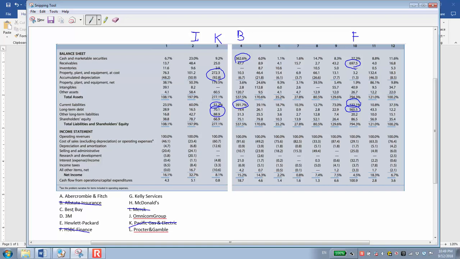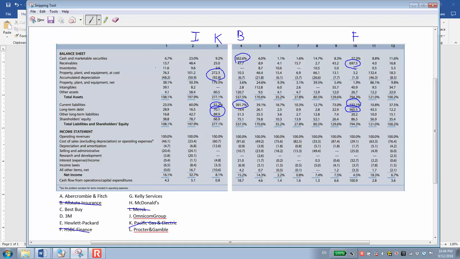Best Buy, no, they just resell electronic devices and appliances. 3M, sure, right? HP, yes. Service, no. McDonald's, I don't think so. Next one. Omnicom Group, this is a service company. Okay, no. Yeah, P&G. Okay, so we have three here: 3M, HP, and P&G.